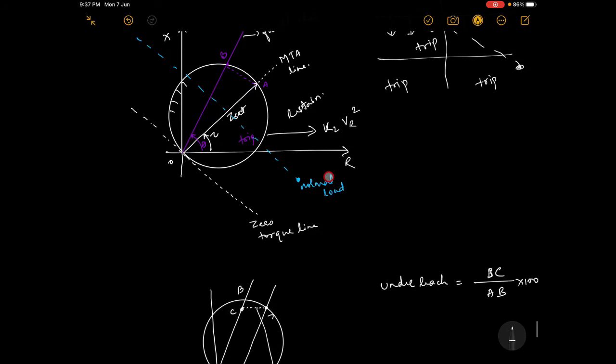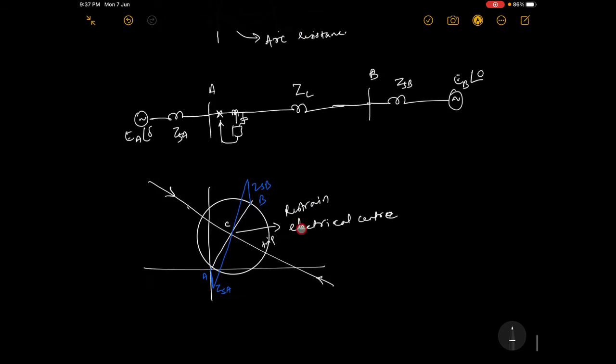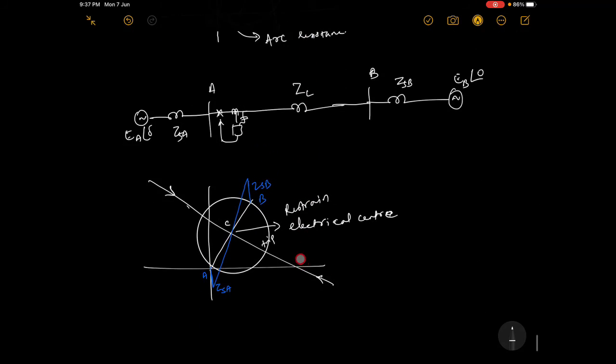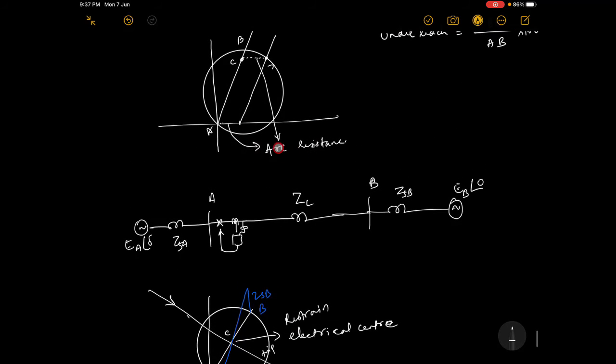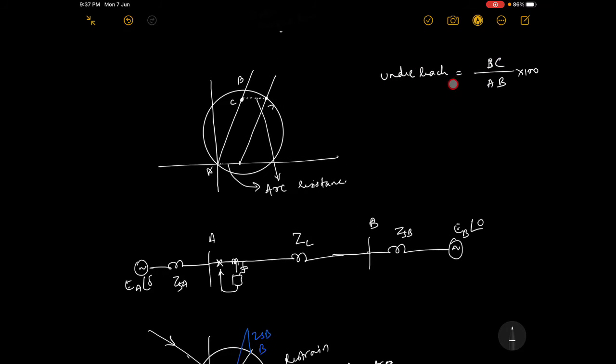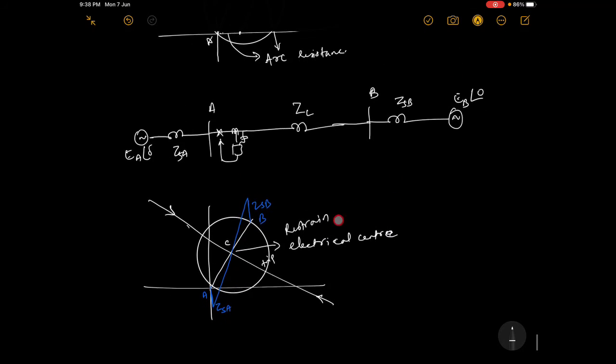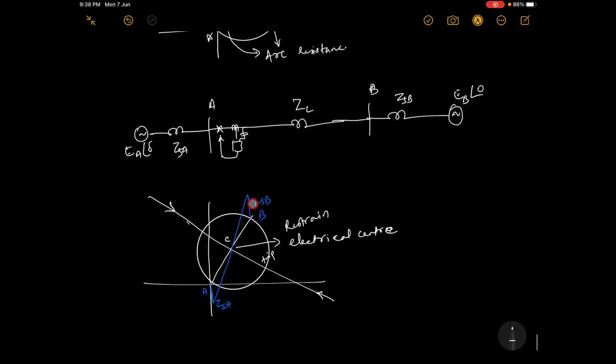So this has advantages compared to the impedance relay or reactance relay for normal load condition. It also has advantages over power swings, but it only has a disadvantage with arc resistance, which is more severe compared to the impedance relay. Impedance actually becomes very less when the power swing is high.